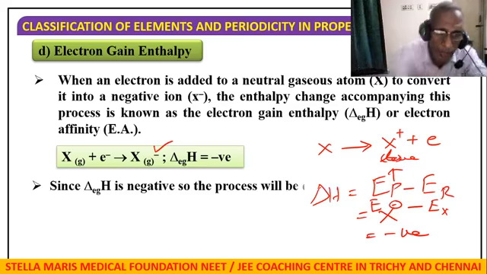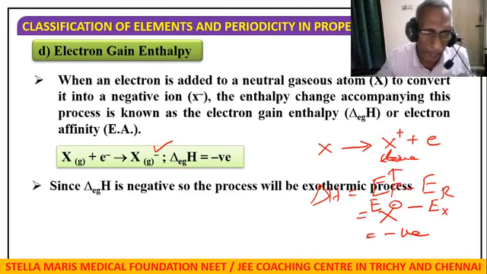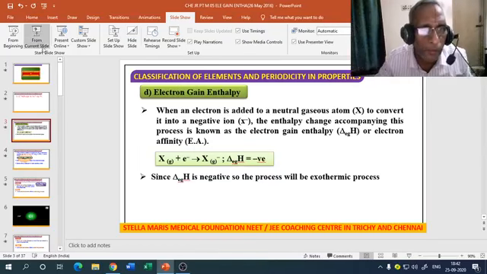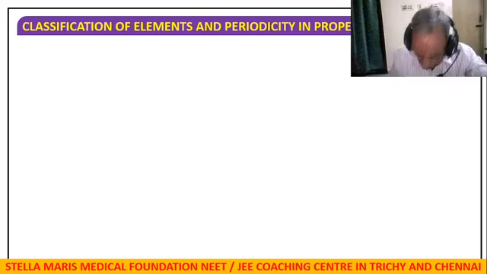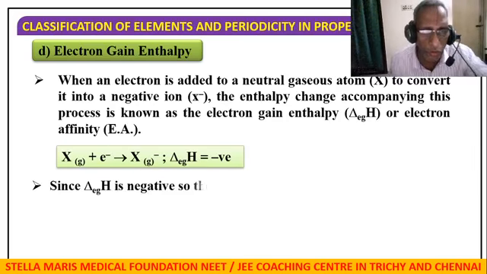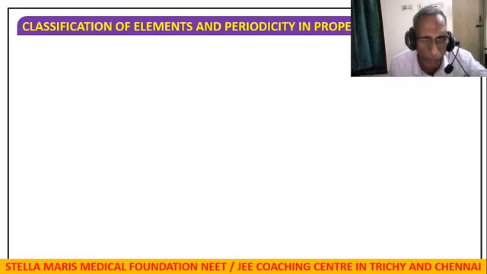So delta H is negative means exothermic. Exothermic means associated with the liberation of heat, liberation of energy.